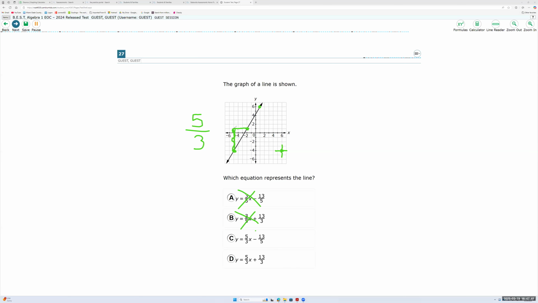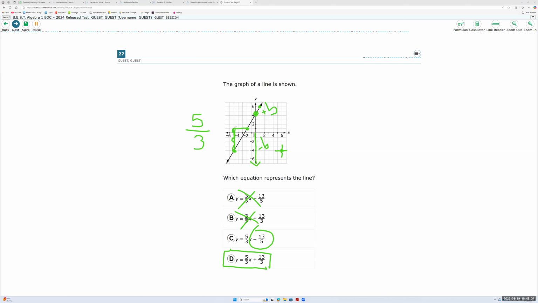Now this one I have a negative y-intercept, but this number, whatever it is, is positive, because the negatives are below the x-axis. So this is a negative intercept, negative b. If you will, this is a positive b. So my answer has to be D, the only one with the proper y-intercept and the proper slope.